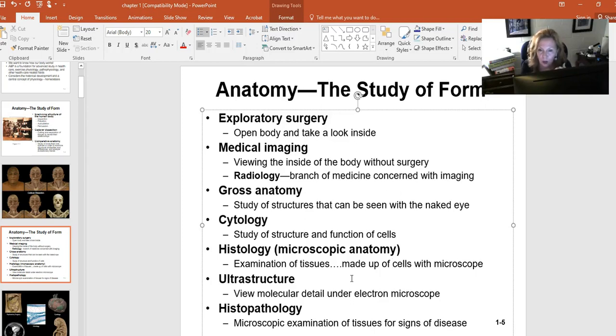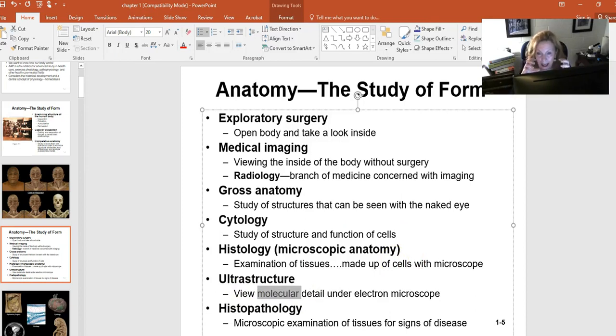What you all are going to hear from me repeatedly is that structure and form dictate function. So when we think about disease, which means that the person is no longer in a state of health or well-being, all of that originates at the cellular level. All disease is at a molecular level, which make up cells. All disease.